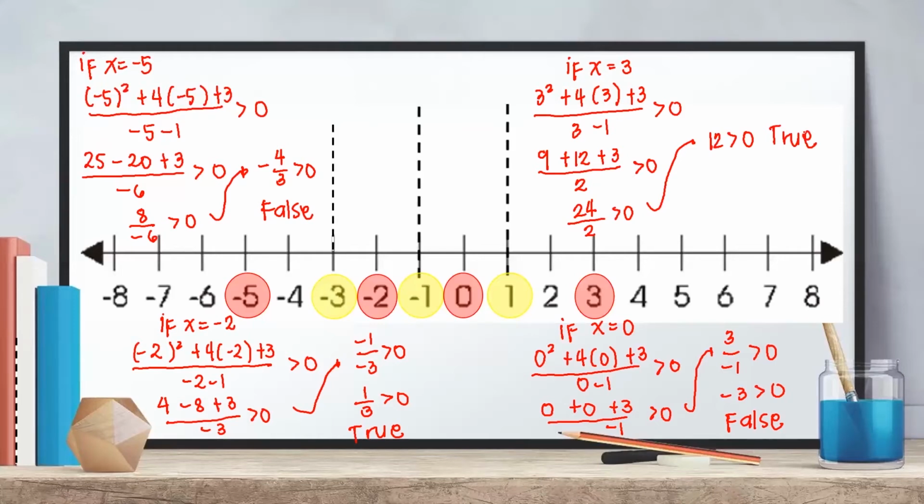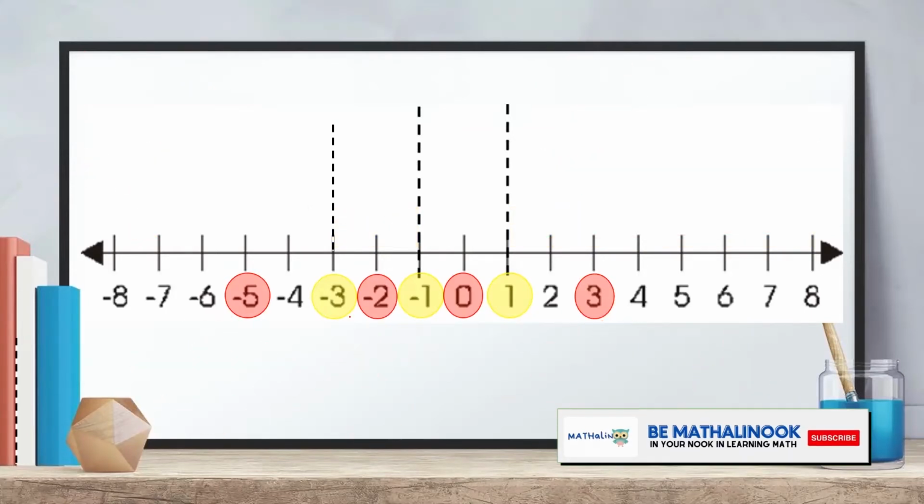Since the given rational inequality is true on these intervals, specifically from -3 to -1, and numbers which are greater than 1, then how are we going to write our solution set? In writing our solution set, note the intervals where our rational inequality became true.